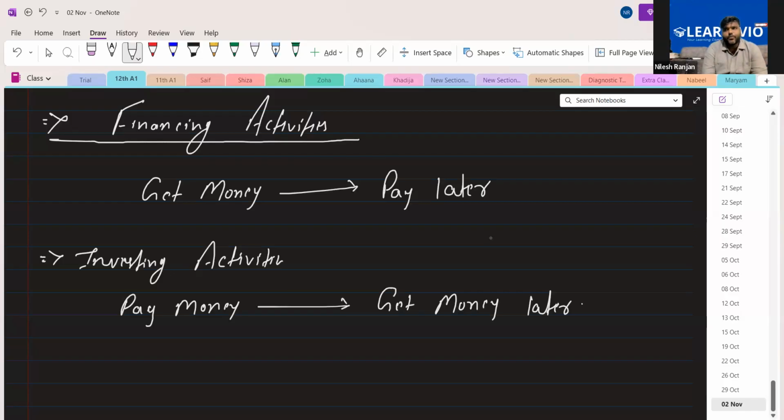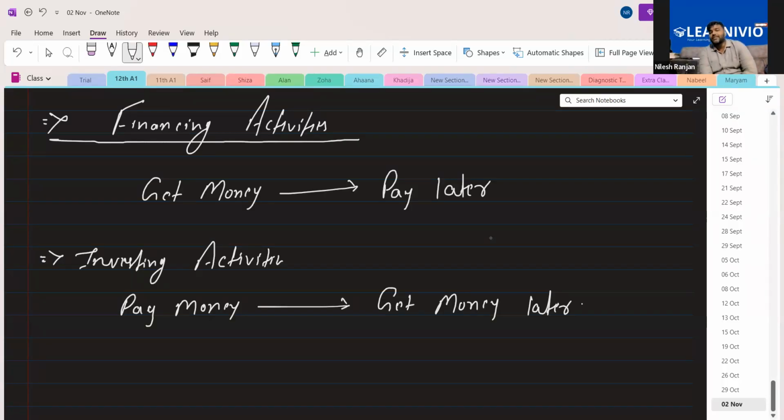In the same way, if you deposit money in a bank account, you're paying money first, and on that deposit you'll receive interest. So you'll receive money later, and also the refund of your deposit after 5-10 years, whatever the time period is. So you pay money first and receive money later.